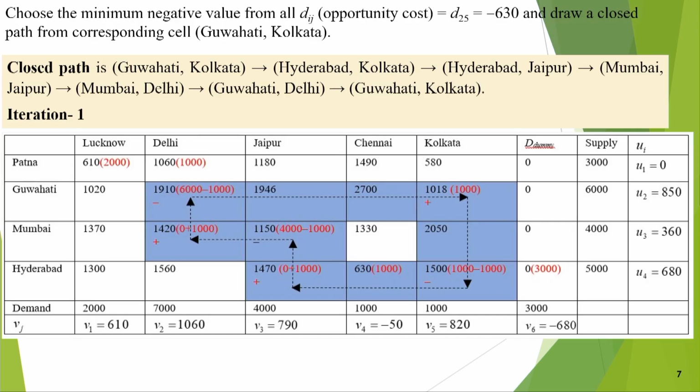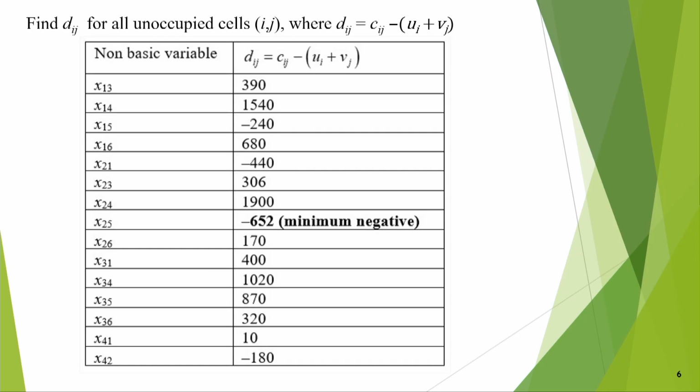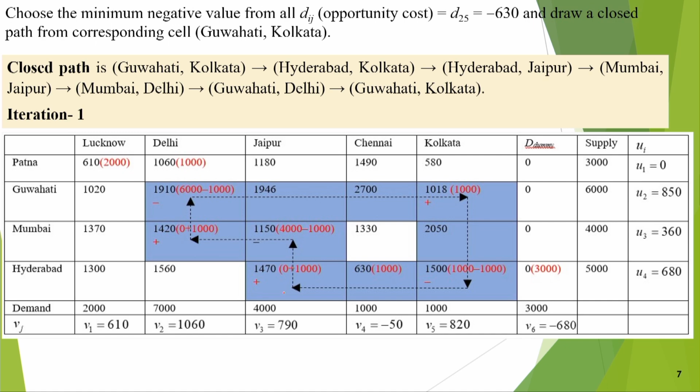Okay. So it is something like that. Here you have to allocate the maximum amount to this quantity. Okay. So here we will try to choose the minimum negative value.